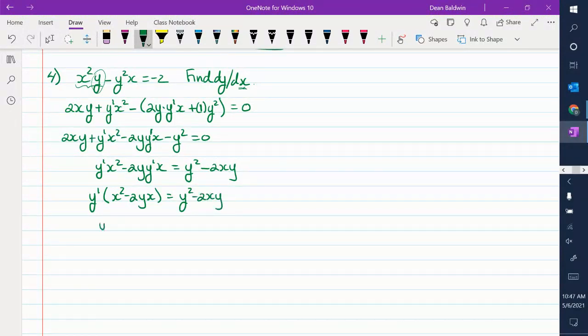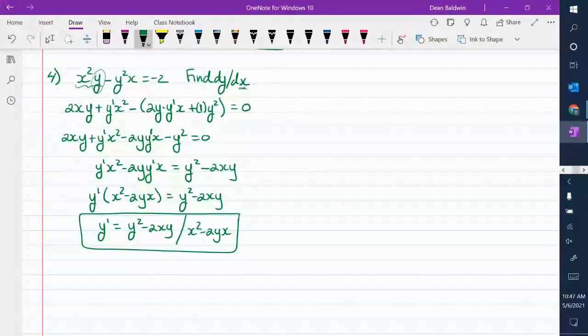Divide it off. And that is your derivative.